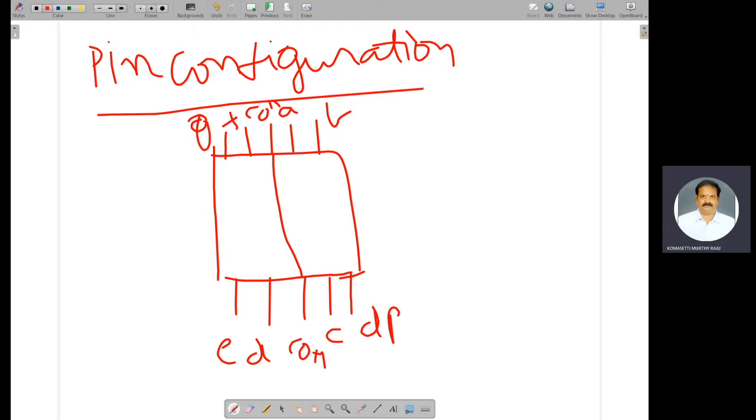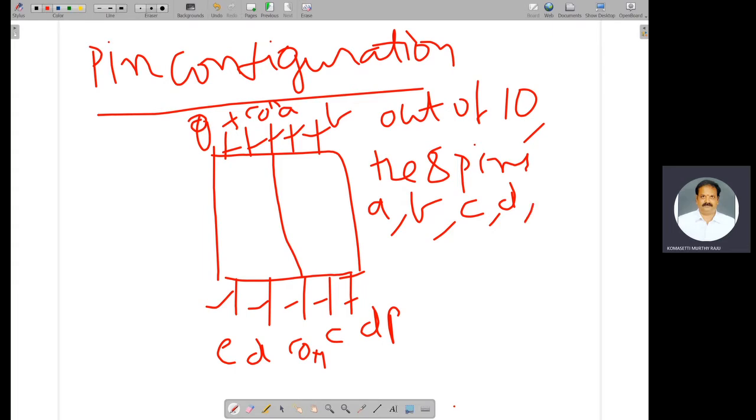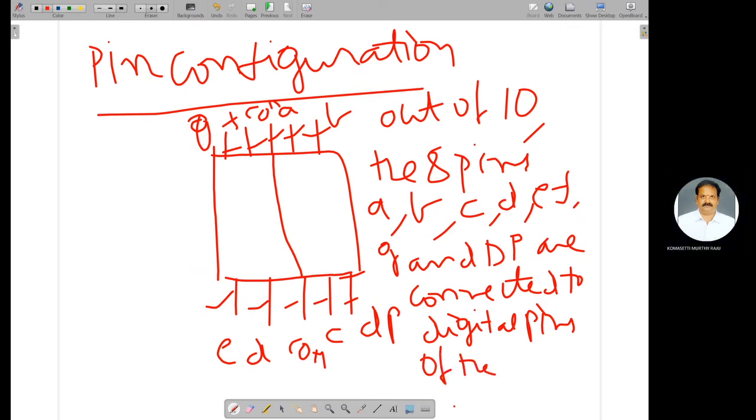Out of 10 pins, the 8 pins A, B, C, D, E, F, G, and DP, the decimal point, are connected to the digital pins of the Arduino.